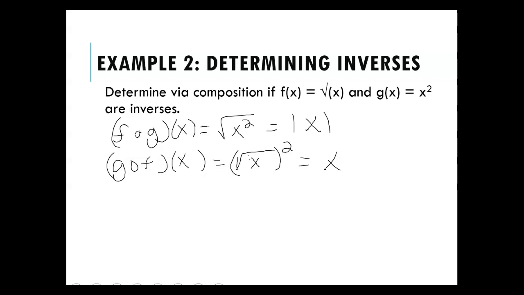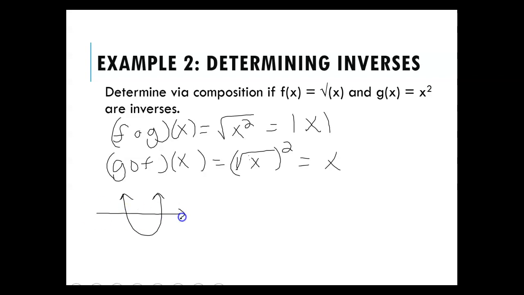So think about it: if x squared is always positive, its graph is going to look like this. So what property of inverses does it fail? It fails the horizontal line test. It's not one-to-one. If it's not one-to-one, it cannot have an inverse by definition. So x squared isn't one-to-one, therefore no true inverse of x squared exists.